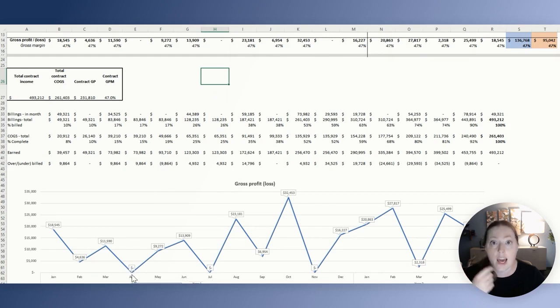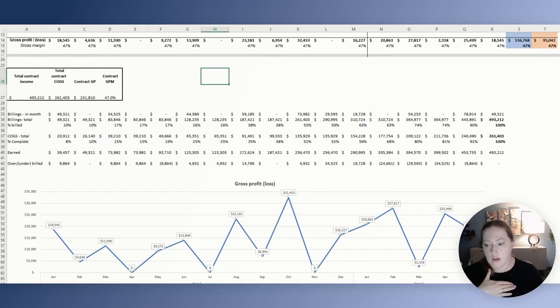If you truly have a gross profit going into the negative, you have a tremendous problem on your hands. You're probably going out of business, because that means there's no money left to take care of all your other expenses: utilities, salaries, marketing, your accountant, whatever you have in operating expenses, because you're already making a loss in the gross profit.